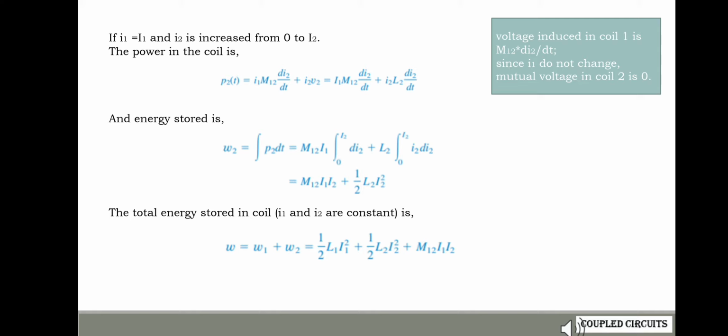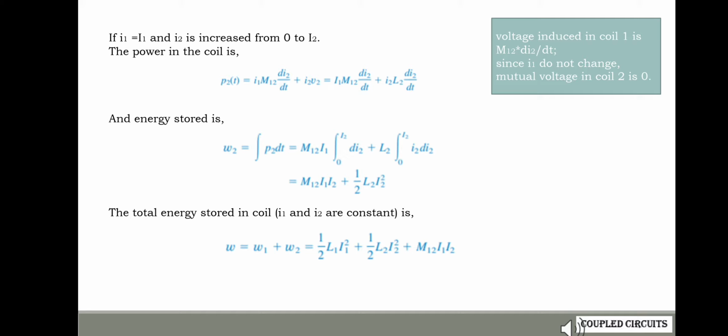If we now maintain the previous condition where small i1 is equal to capital I1 and now we increase small i2 from 0 to capital I2, the mutual voltage induced in coil 1 is M12 into di2 by dt, where M12 is mutual inductance of coil 1 with respect to coil 2. Since i1 does not change, the mutual voltage induced in coil 2 is 0.